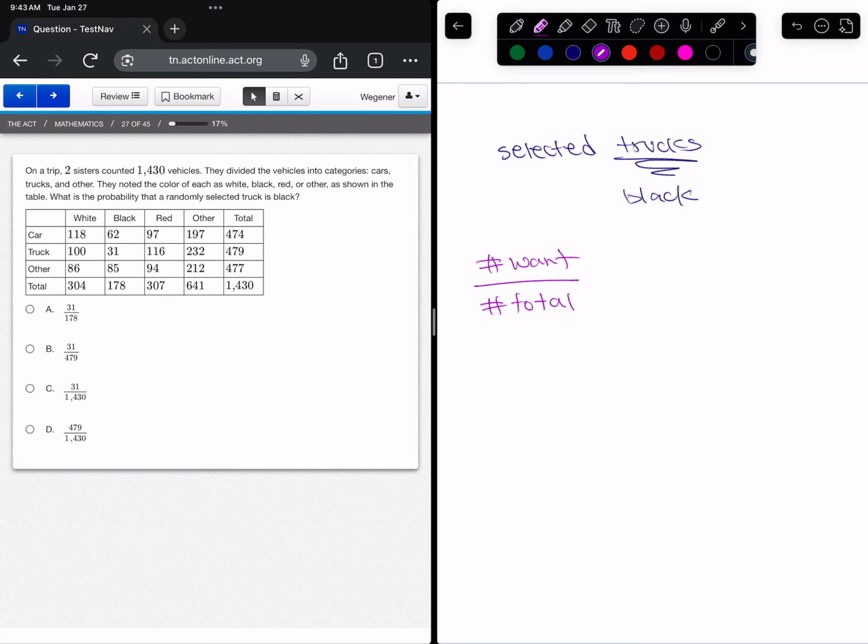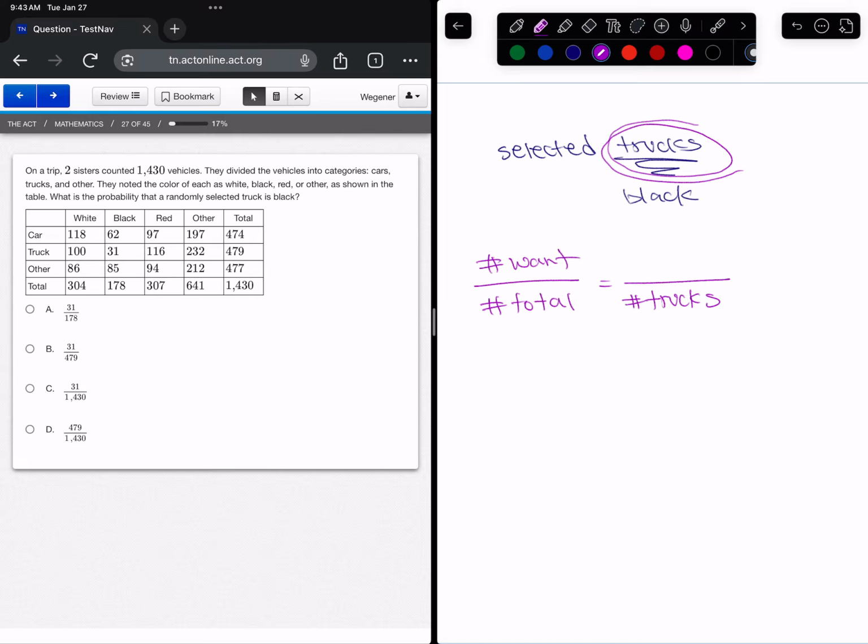And one way that students get this wrong is they think that this is the overall amount. So some of y'all might say 1,430. That's what was given to us. However, you need to know we're just interested in the trucks. So what's the total here? Well, it's going to be the total of trucks.